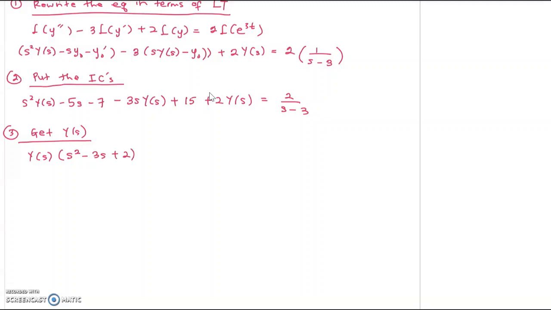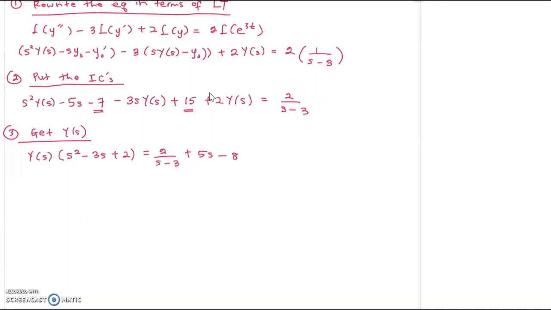So we factor out the Ys, and the remaining terms go on the right hand side. So we have 2 over s minus 3 plus 5s, and this negative 7 can be simplified with the positive 15. So we have minus 8 at the right hand side.